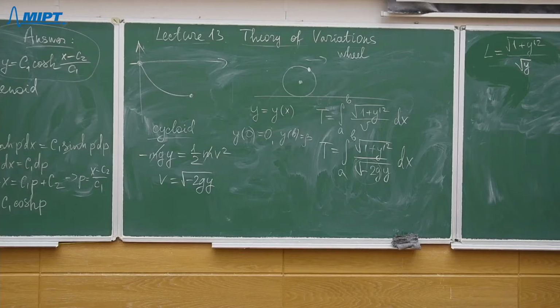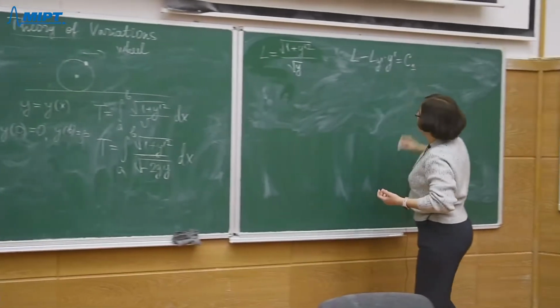Now we will write the Lagrange equation, but instead we can write the first integral obtained from the lemma. Since L depends only on y and y prime, we can write the consequence of the Lagrange equation in the form L minus L_y prime times y prime equals the constant C1.